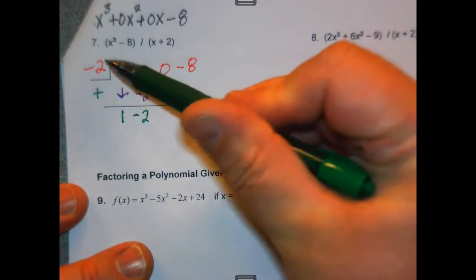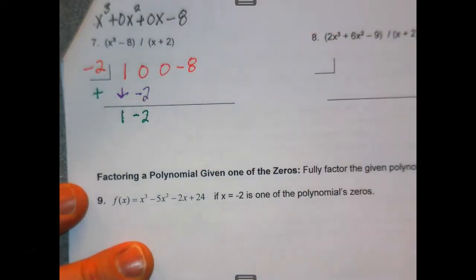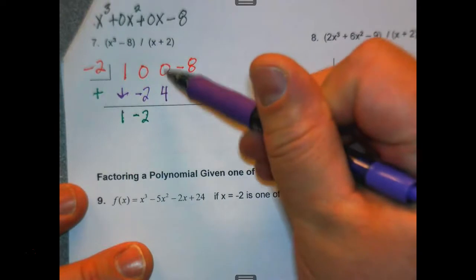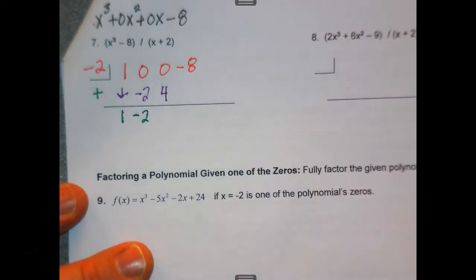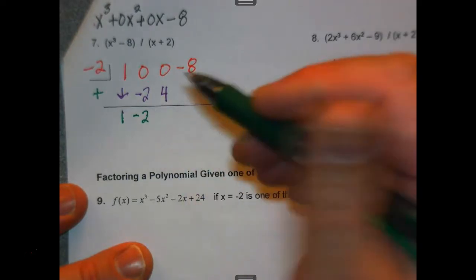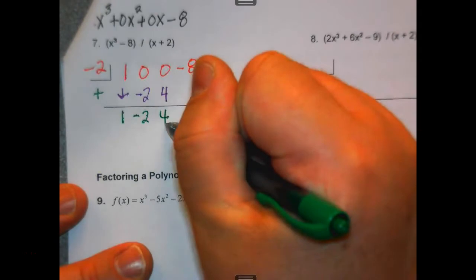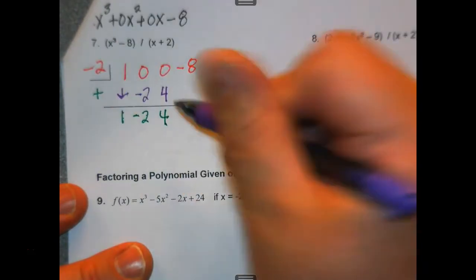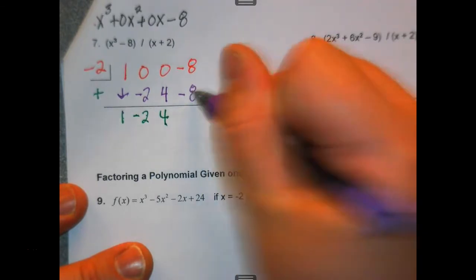Negative 2 times negative 2, positive 4, right? 4 plus 0 is 4. 4 times negative 2 is negative 8, plus negative 8.